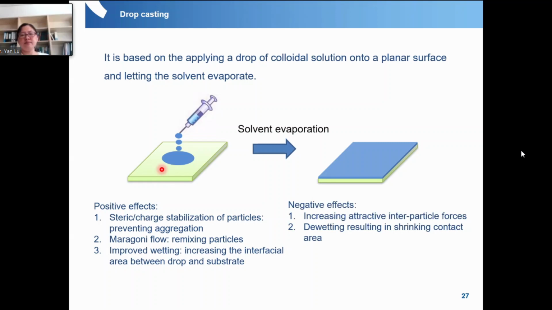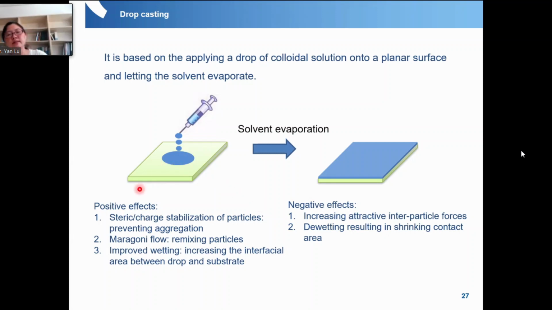Here, the negative effect or the drawbacks when you prepare a film based on drop casting is, if you increase the attractive interparticle forces, you of course will have aggregation in the system. And on the other side, the de-wetting, which of course is not what we would like to have, because the de-wetting will result in the shrinking of the contact area between the droplets and the substrate.